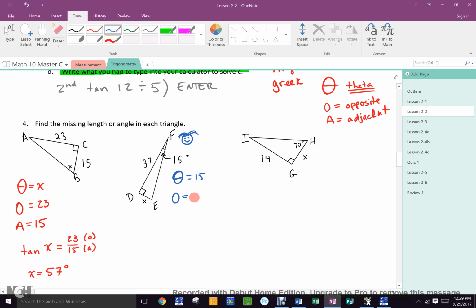No. What does opposite mean? Across. So what do I find? X. What is my adjacent? 37. And what do I know about tan? It's always opposite over adjacent, isn't it? So tan of what? 15, because now I have the angle, equals what?